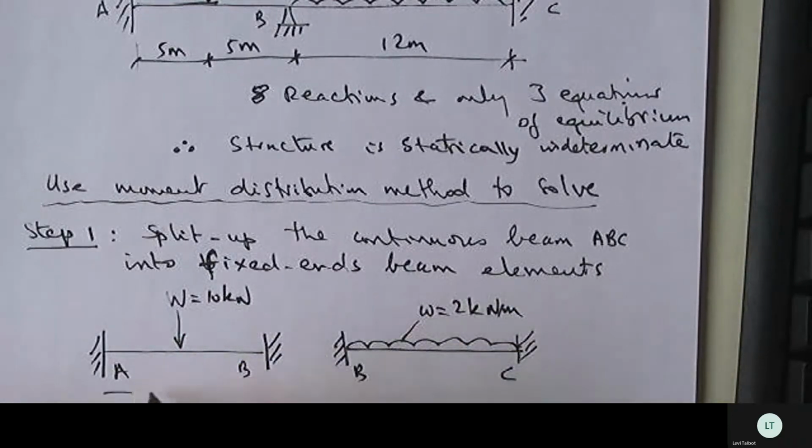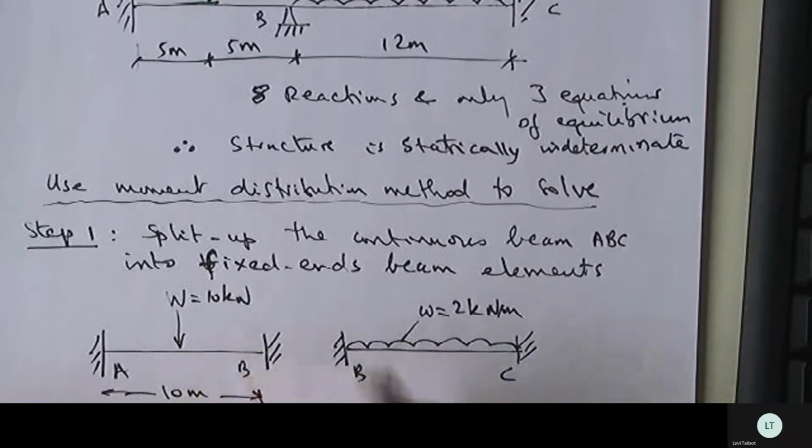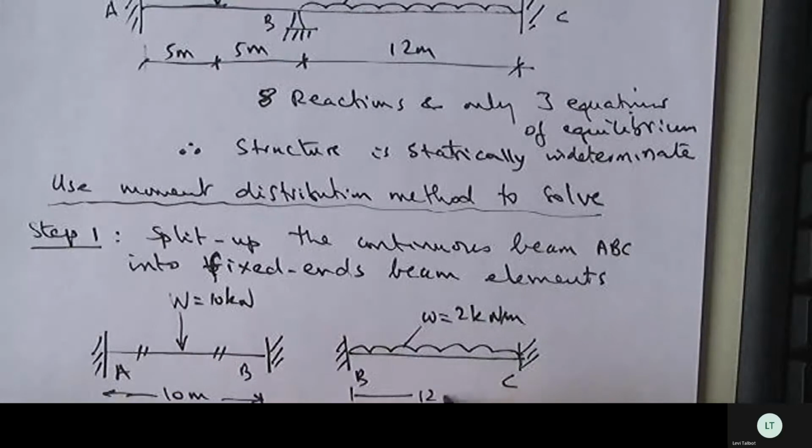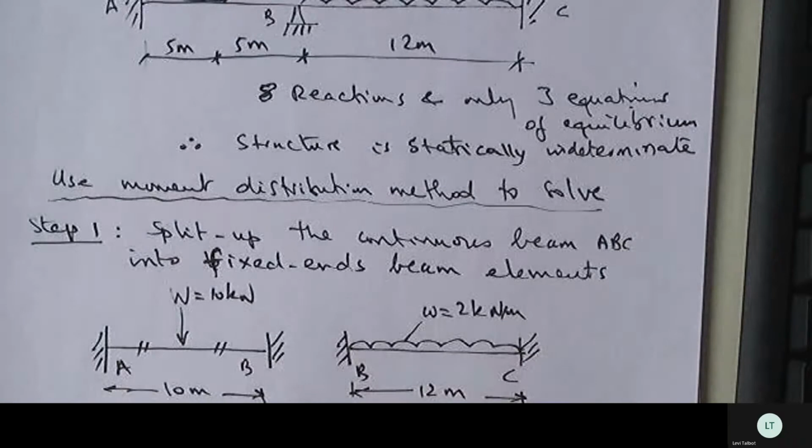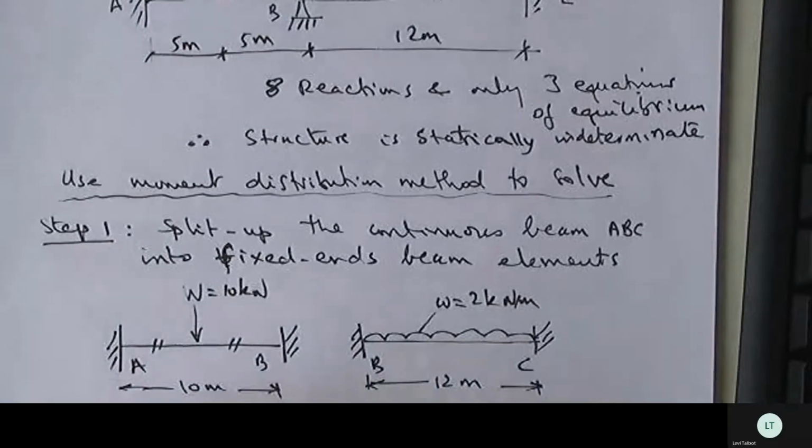This is 10 meters. I mean, these two here are the same, and we have 12 meters for BC. Is the first step clear? Yeah, clear.